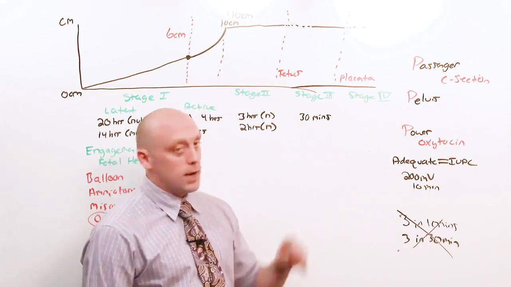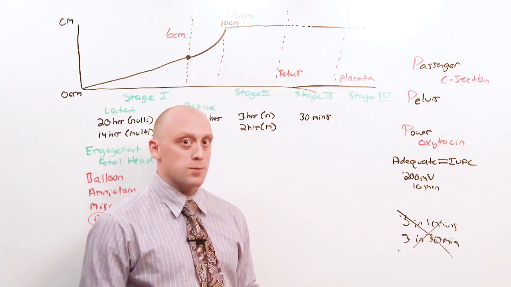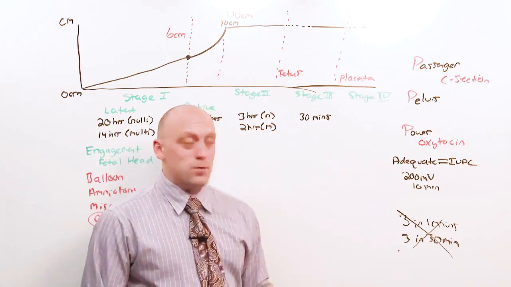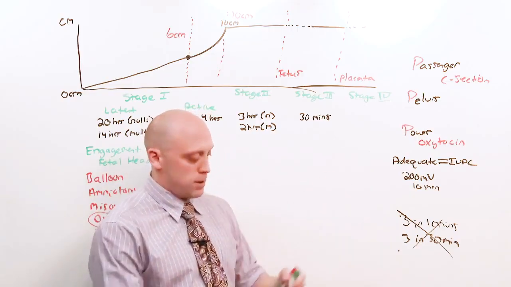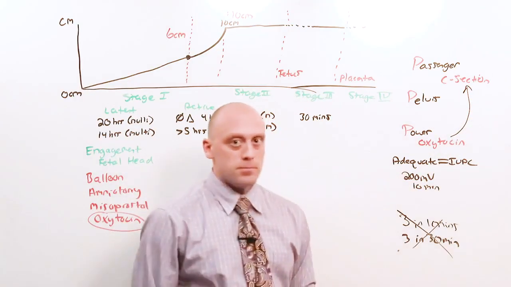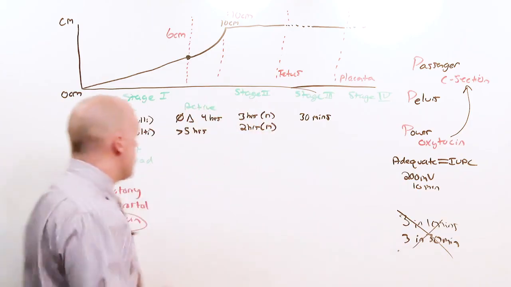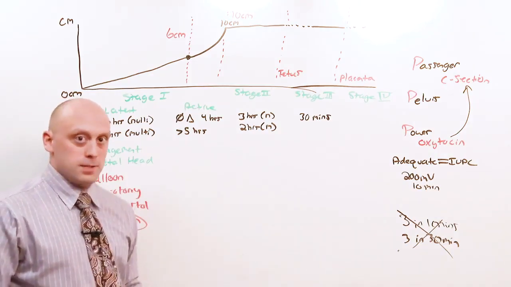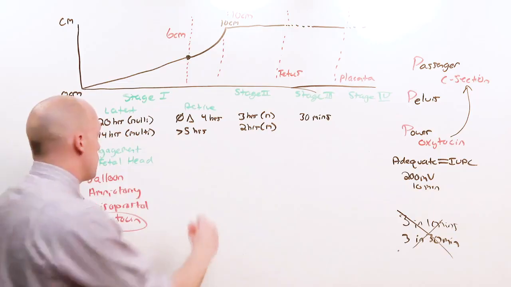And that's the thing. If you try oxytocin because you aren't sure if it's passenger or pelvis, and they get better, great. But if you try oxytocin and they don't get better, then you're going to end up with an operation. Let's come back to our chart and see how it's relevant. Arrest or prolonged active phase is going to be treated with oxytocin.